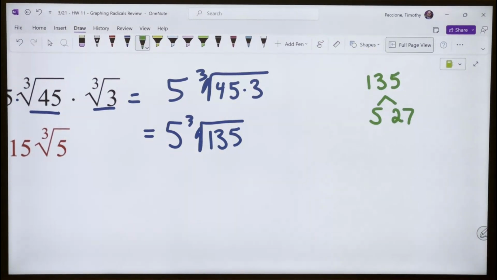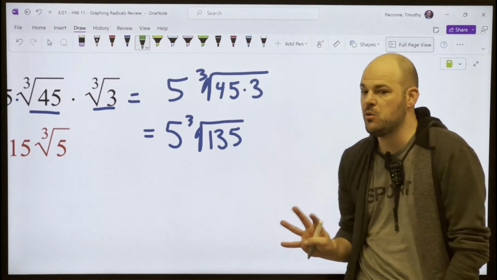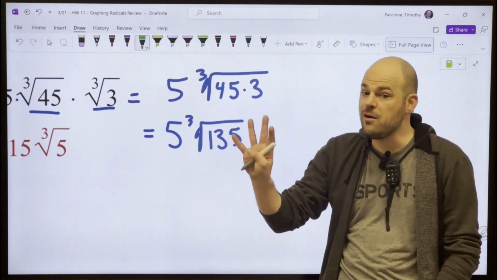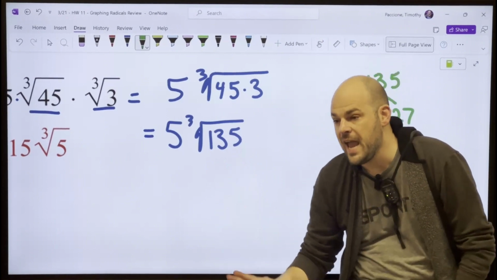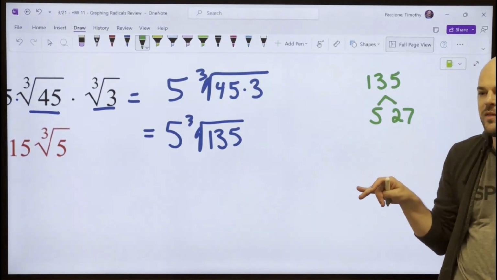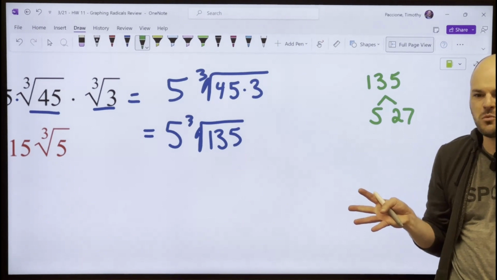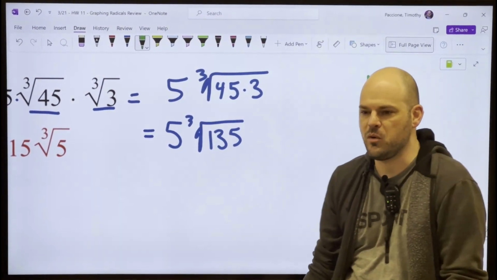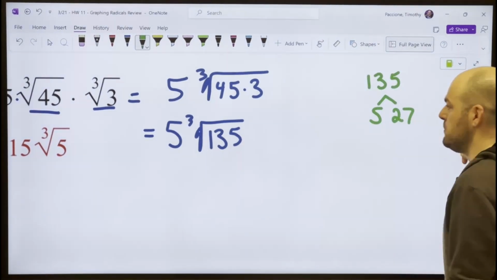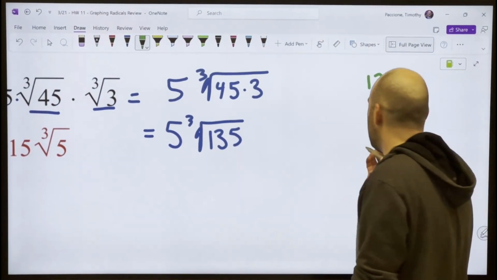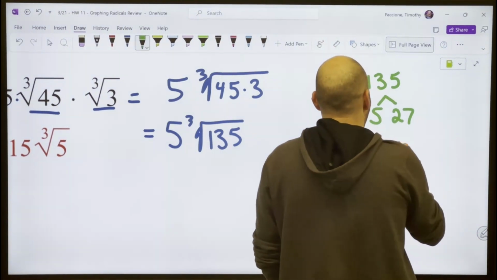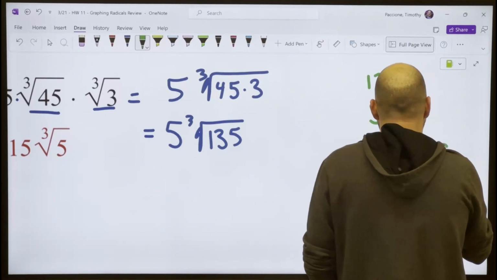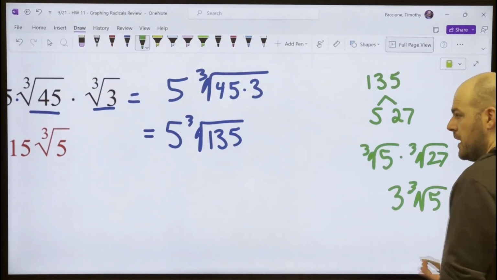Okay. Well, right now, I remember I'm thinking about what I'm doing, right? I'm not just zoning out. I remember I had a cube root, right? And then when 27 pops up, it makes me think, oh, wait a minute. 27's what? It's a perfect cube. So I actually just don't need to keep jailbreaking this. I could make this 3 times 3 times 3, but why? I just found out that this is the third root of 5 times the third root of 27, which is 3 third root of 5, right?